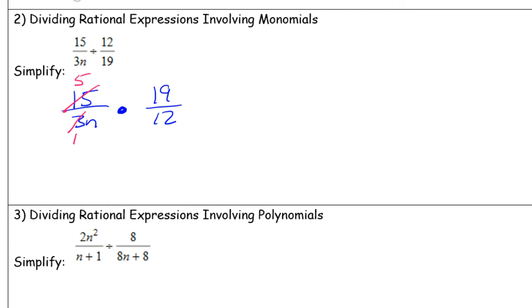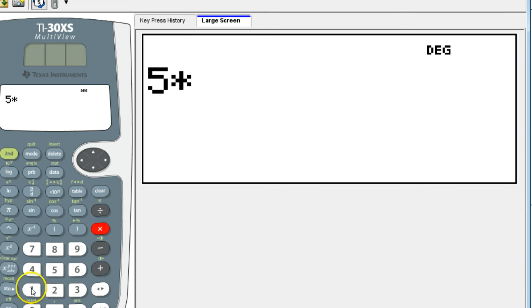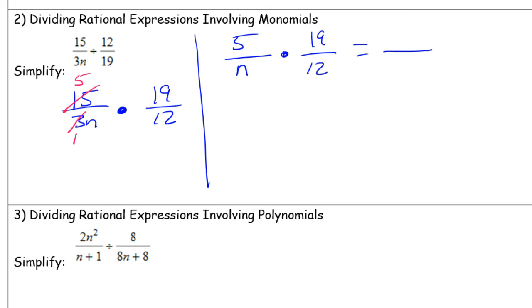So at that point, I really have 5/1n, or just 5 over n, times 19/12. So I will go ahead and multiply these together. So 5 times 19, that's 95.